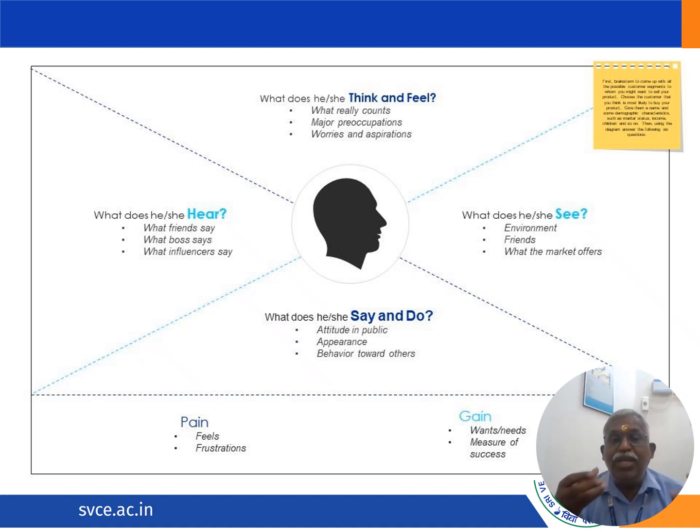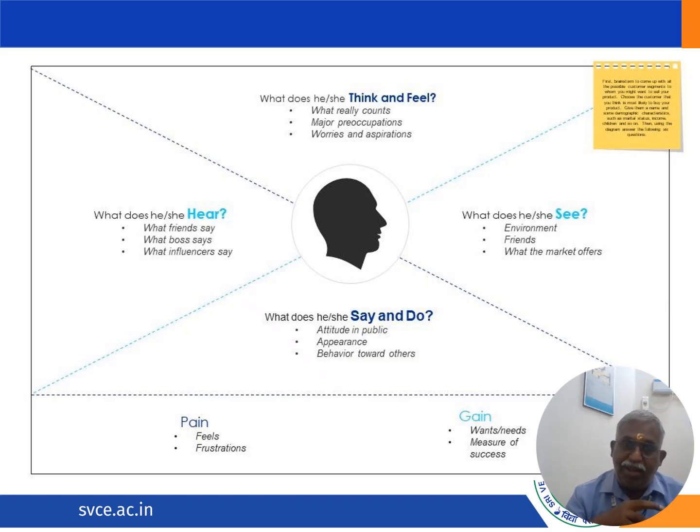We take their statement. Based on it, what is their feeling, hearing, thinking, seeing, and what is their statement. Based on that, we have to write the measure of success. Success always makes happiness, jumping to the next level.